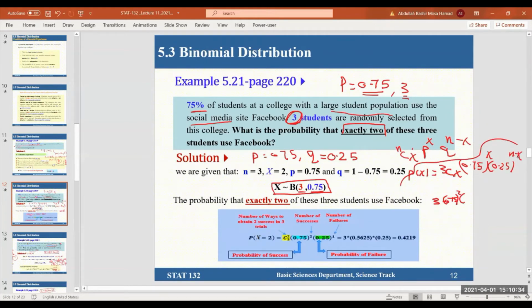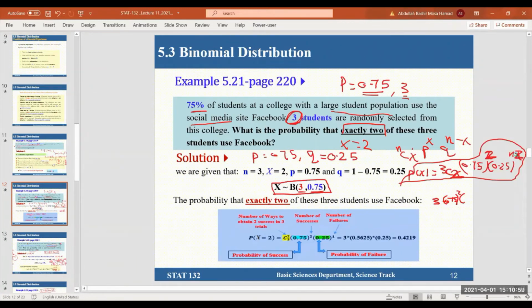For this example, like this. Then we come to see the question. Find the probability of exactly 2. Exactly 2 means X equal 2. Instead of x, we write 2, in each place.